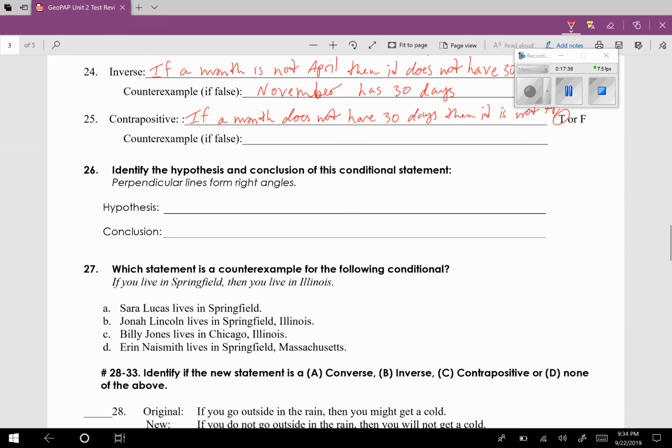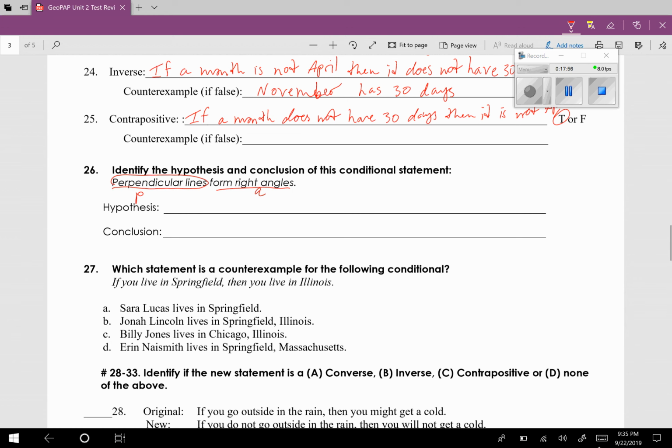Okay. Identify the hypothesis and conclusion of this conditional statement. Perpendicular lines form right angles. Okay. Perpendicular lines, that's your hypothesis. Forming right angles, that's our conclusion. But we're not going to word it like that.